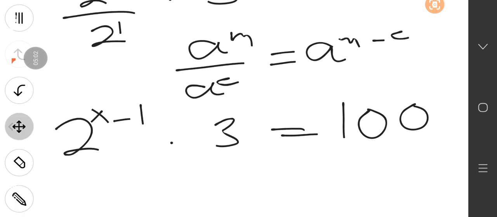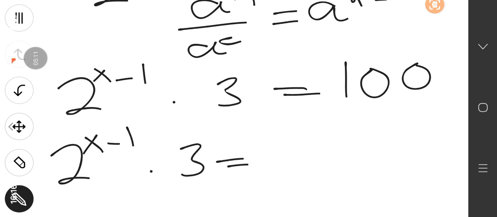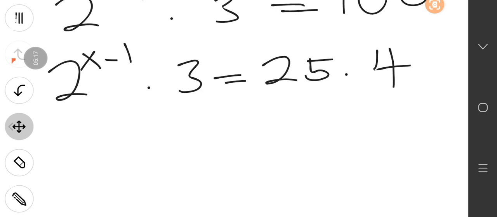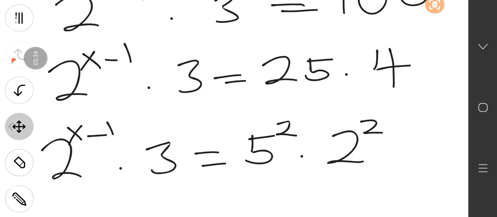Now we can write 100 as 25 times 4. So we have 2 exponent x minus 1 times 3 equals, now we can write 25 as 5 exponent 2, and then write 4 as 2 exponent 2.